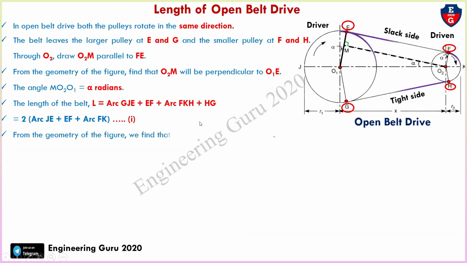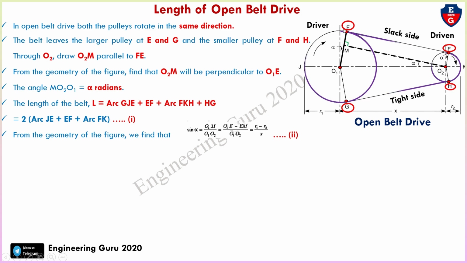Now from the geometry of the figure, sine alpha equals O2M divided by O1O2. So we can write O1M equals O1E minus EM, divided by O1O2.